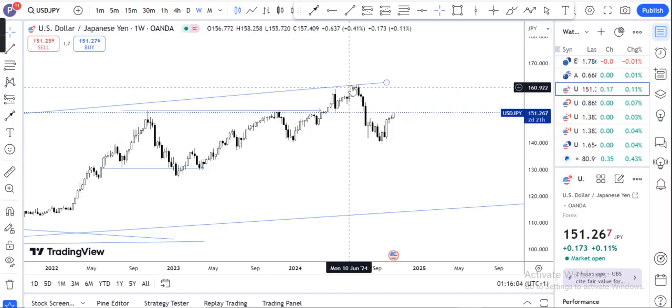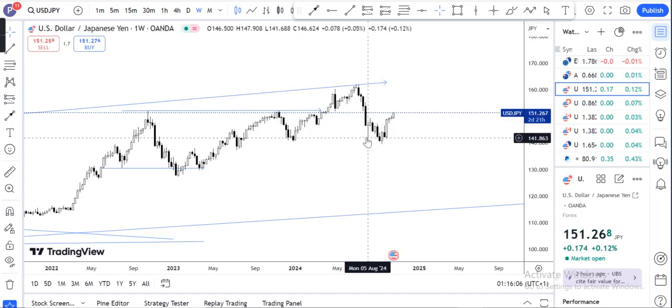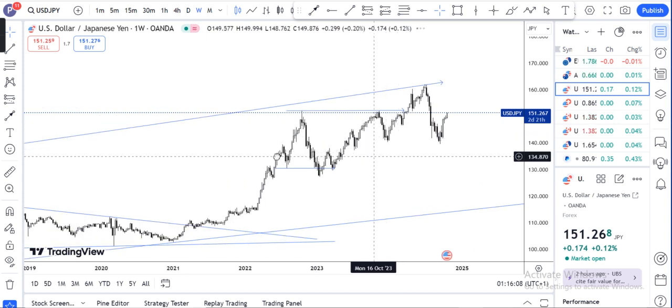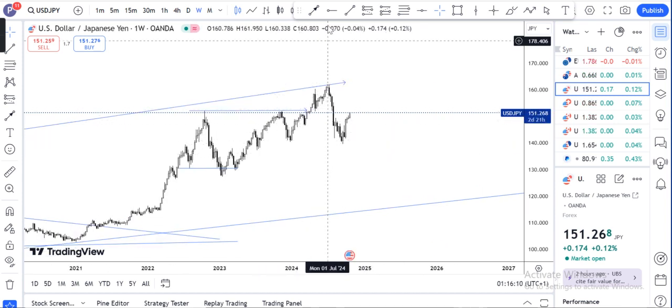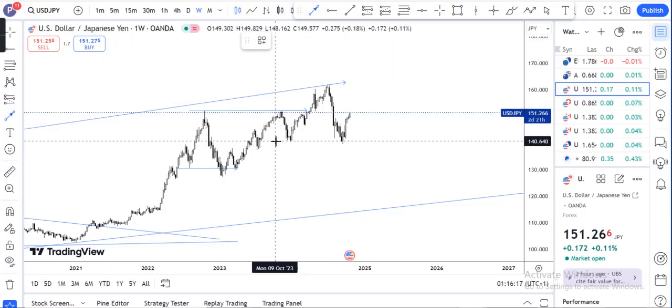And then the market pushed to the upside, came back, and plunged down into this point, giving us a double bottom, which is a reasonable double bottom. That's fine. So I'll simply mark it out.